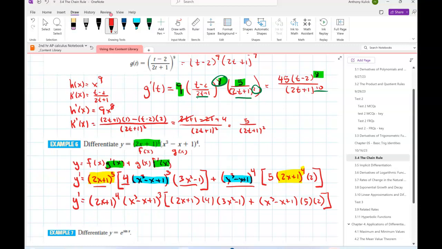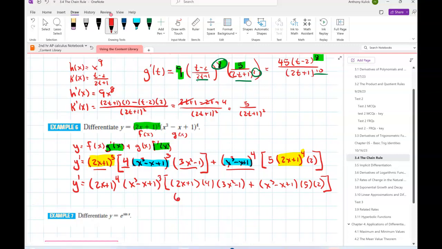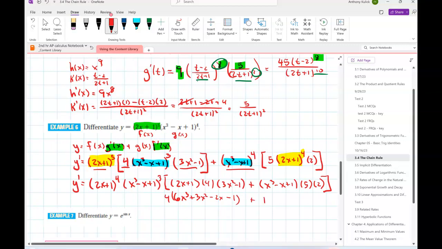So far, so good. Now I just need to multiply these out and combine some like terms. So when I FOIL this out, I'm going to have 6x cubed plus 3x squared minus 2x minus 1, and then we have to multiply everything through by 4 still. Over here, I just multiplied through by 10. That's not so bad.